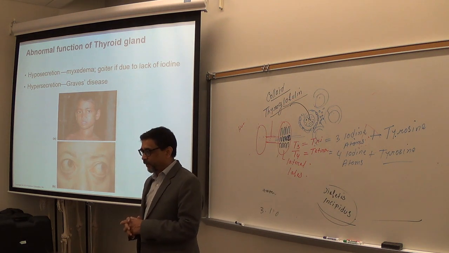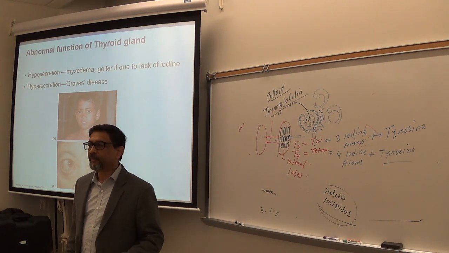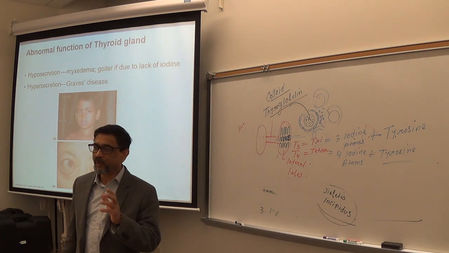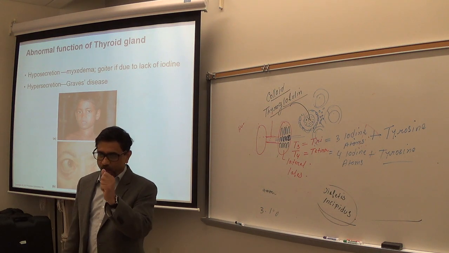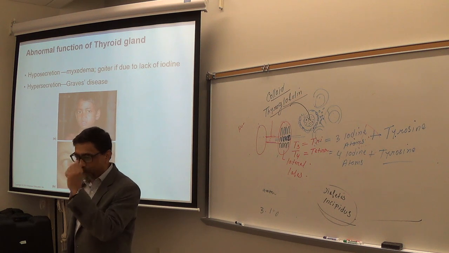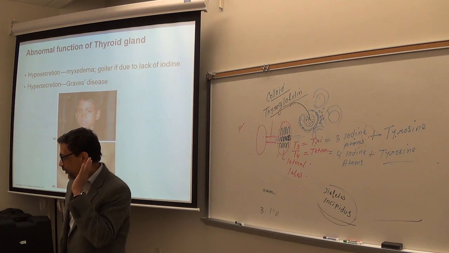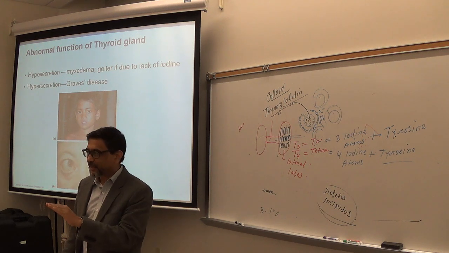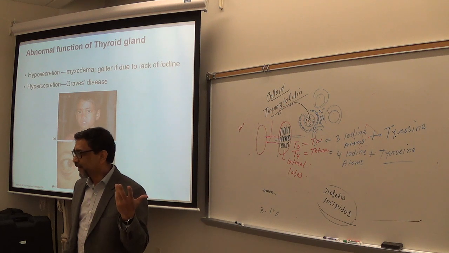Hyperthyroidism, hypothyroidism. Probably you have heard, right? Commonly we hear the term hyperthyroidism, hypothyroidism. If thyroid gland produces and secretes more thyroid hormone, T3 and T4, that is called hyperthyroidism. Okay? If less secretion, that is hypothyroidism. Very simple. Right?